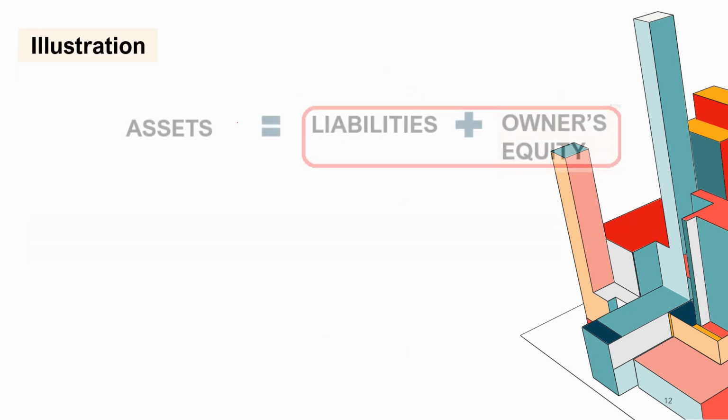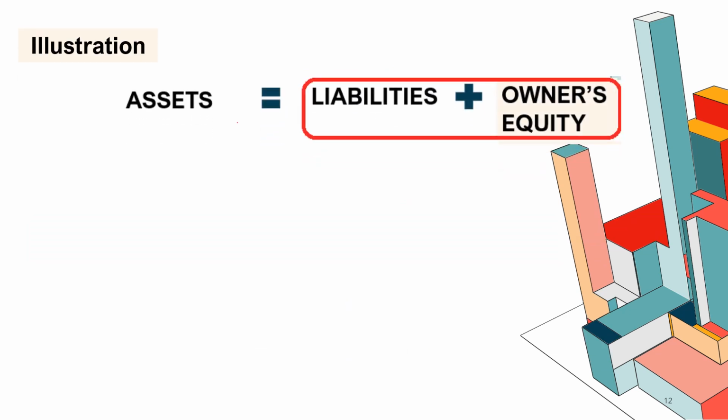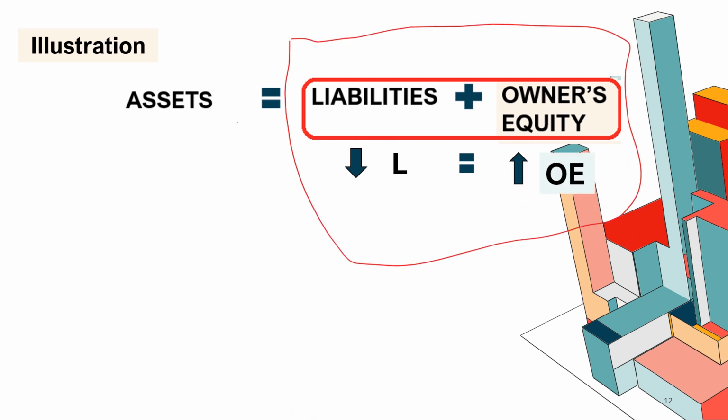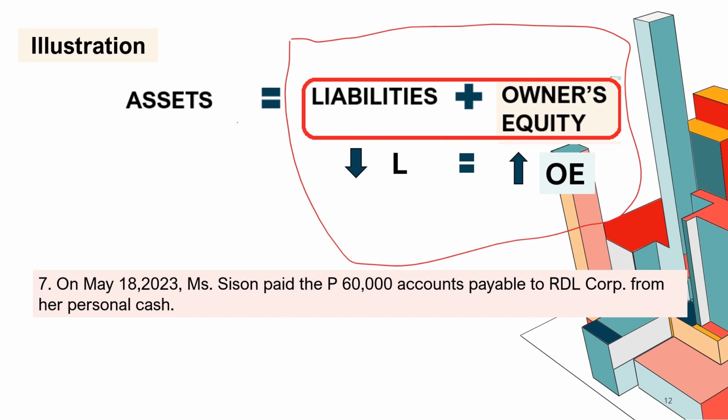Okay, number 7. What about liabilities and owner's equity items in our accounting equation or accounting model? A decrease in liabilities equals a decrease in owner's equity. So let's continue. Number 7, on May 18, 2023, Miss Season paid the 60,000 accounts payable to RDL Corporation from her personal cash. Remember, in the accounting principles we mentioned the accounting entity concept, so the personal transaction should not be merged with the business transaction.